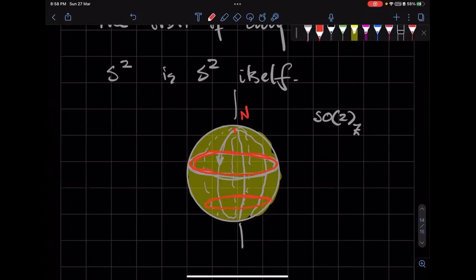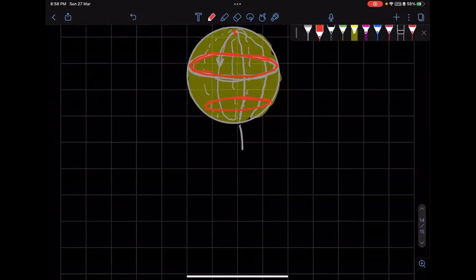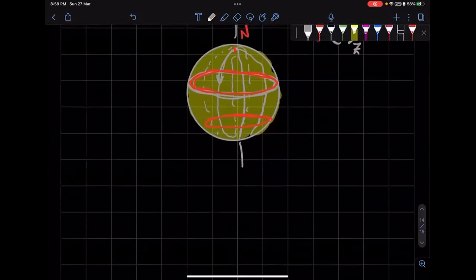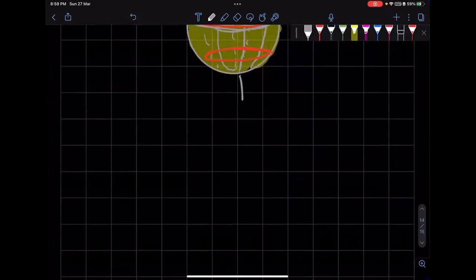All right, so it's a very general concept, but it's a very useful concept. So for example, groups themselves can act on themselves.